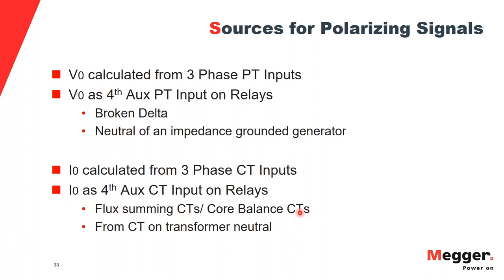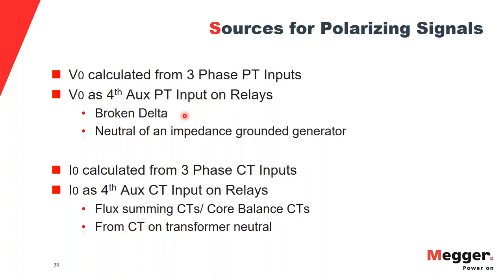Core balance CTs are basically measuring the zero sequence current. And then also, this is when you use the zero sequence current method, you can connect the fourth auxiliary CT input directly from your transformer neutral if there is a CT present on your transformer neutral. So you can directly connect that one to the fourth auxiliary CT input, and that's going to measure the zero sequence current. So I can have that as well as my connections.